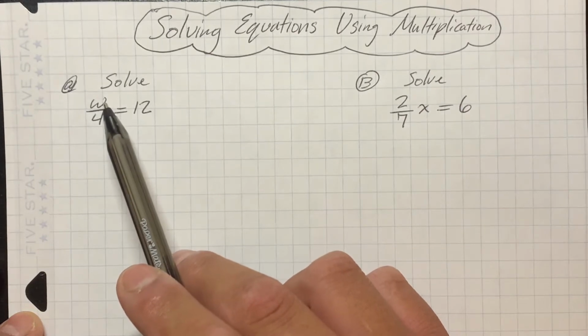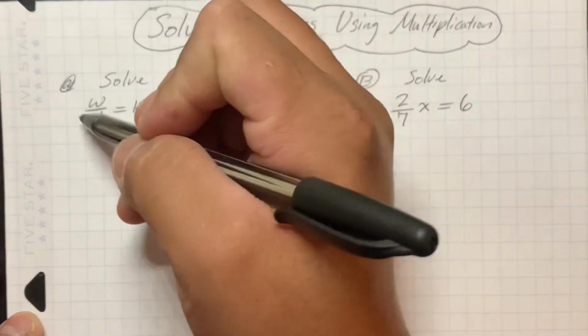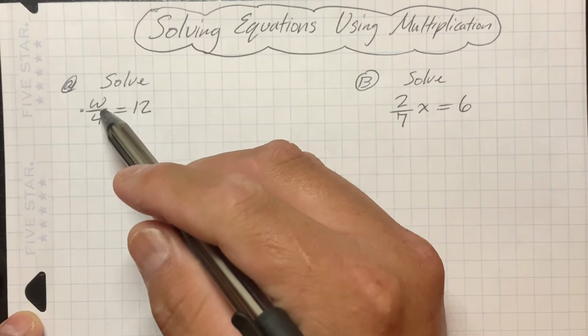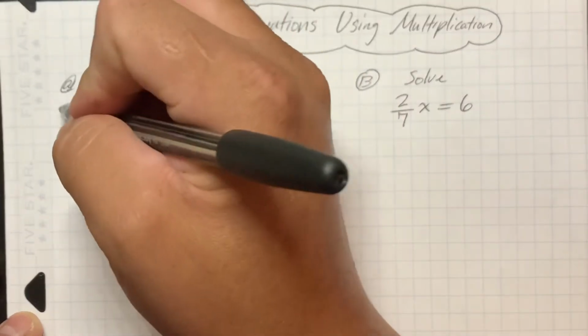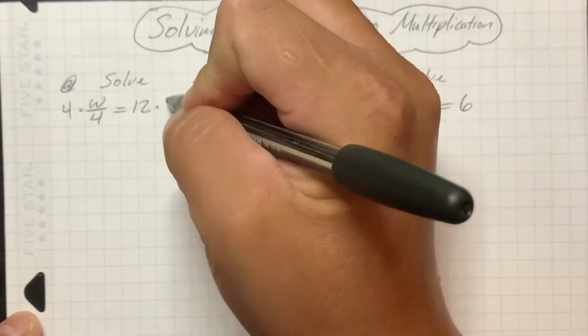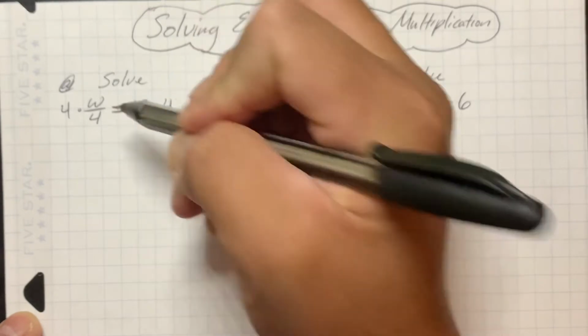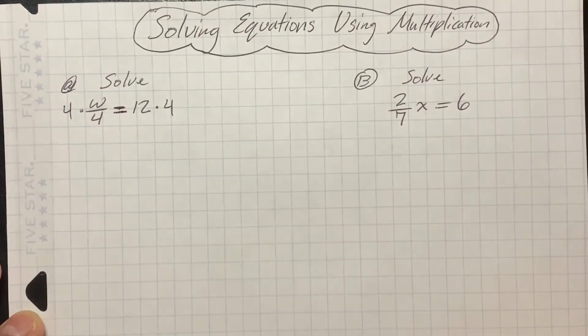Isolate means that we want to get that variable by itself. So we do that by multiplying the inverse operation. We're dividing here, so the opposite of division is multiplication. And we multiply on both sides of the equation. Again, the equation is that equal sign. So both sides of the equal sign, again, think of that teeter-totter and keeping both sides balanced.